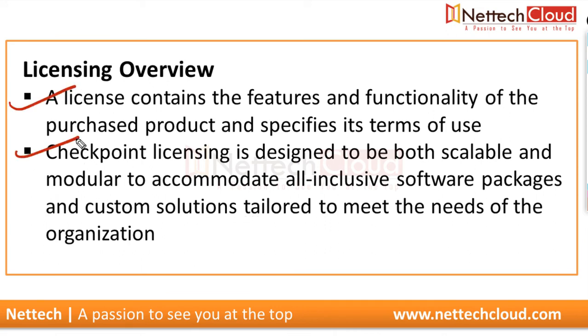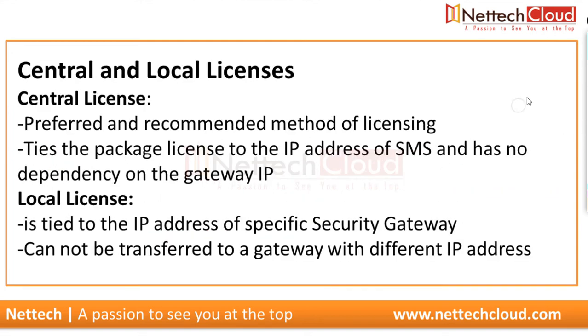Check Point licensing is designed to be both scalable and modular to accommodate all-inclusive software packages and custom solutions tailored to meet the needs of the organization, right? There are two types of licensing here. One commonly used method is central license, the preferred and recommended method of licensing.